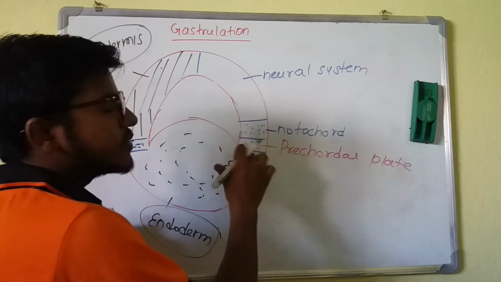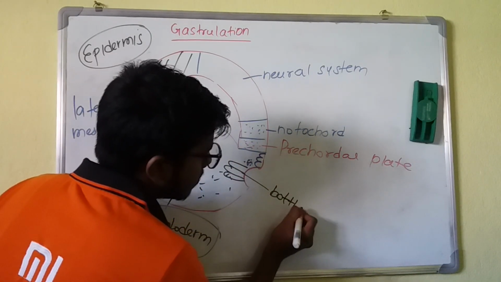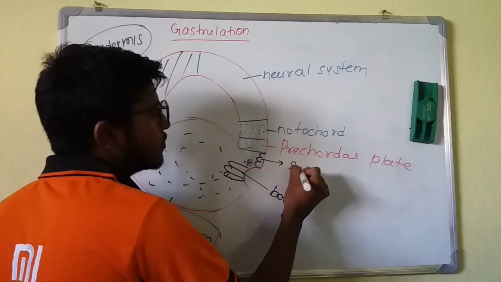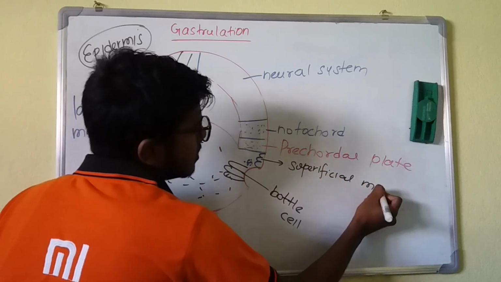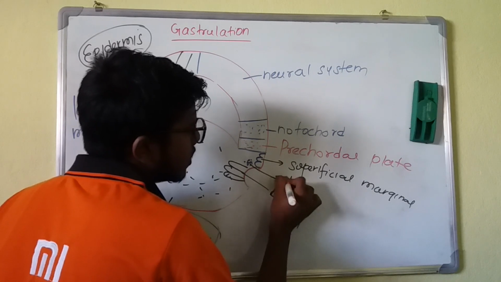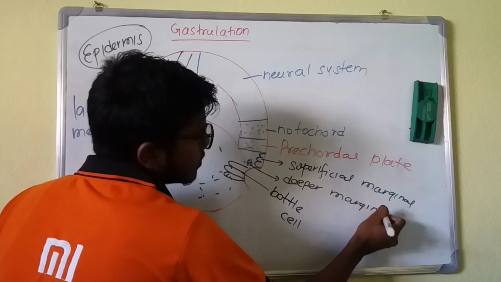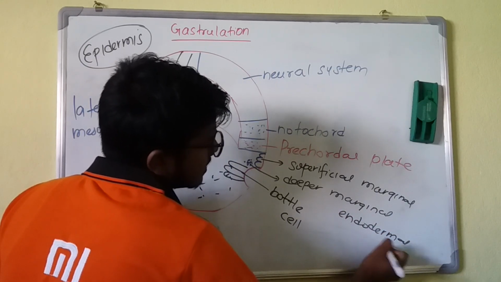The type of cell which governs this process is known as the bottle cell. This part is known as the superficial marginal endodermal cell. This part is known as the deeper marginal endodermal cell.